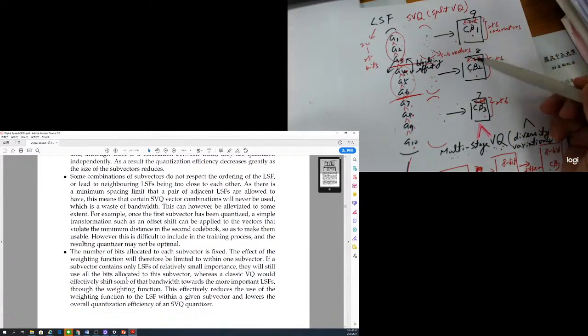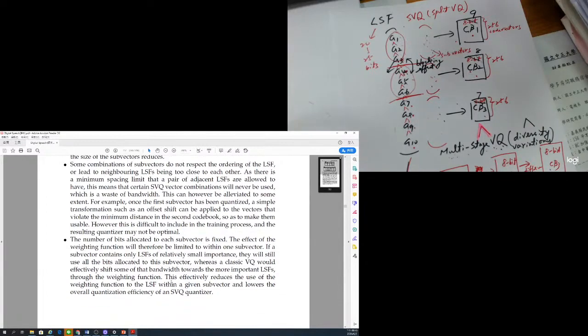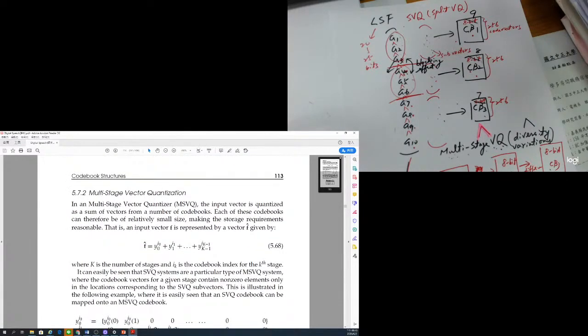However, we already fixed it, so we cannot relocate bits to the important part according to perceptual considerations. So the weighting function is limited to one subvector, and sometimes the performance of split vector quantization is not good.